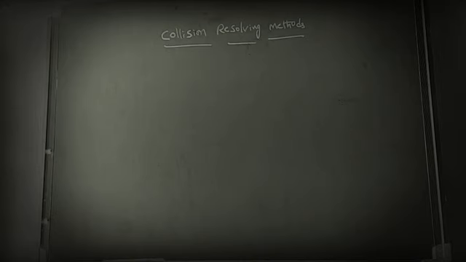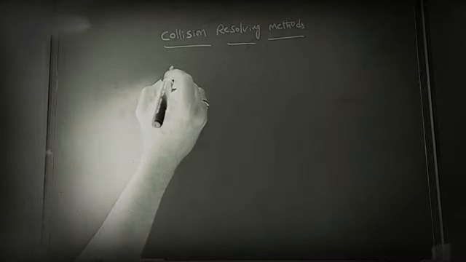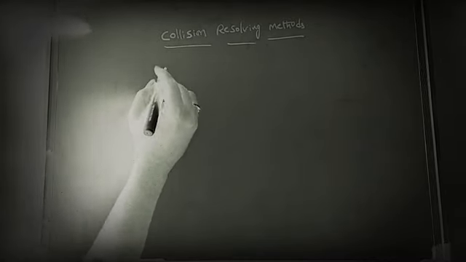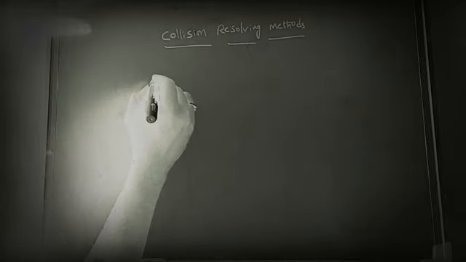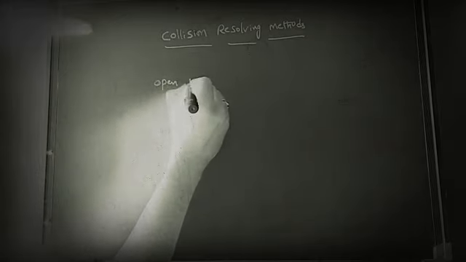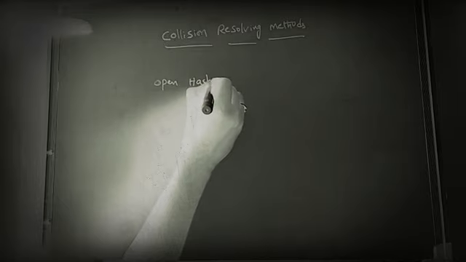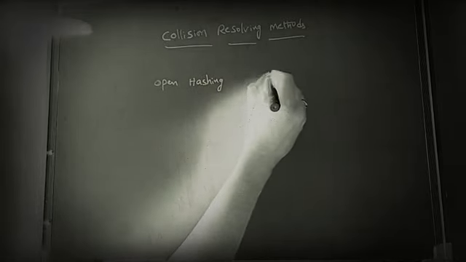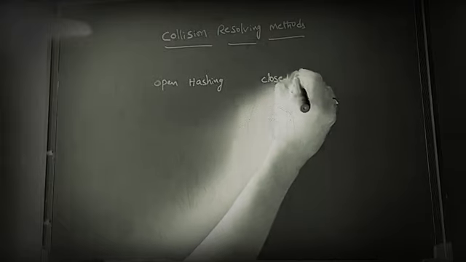So there is a problem in the modified hash function. Let us move on to some suitable solutions to resolve the collision problem. Generally, the solutions are classified into two categories: one is open hashing, another is closed hashing.